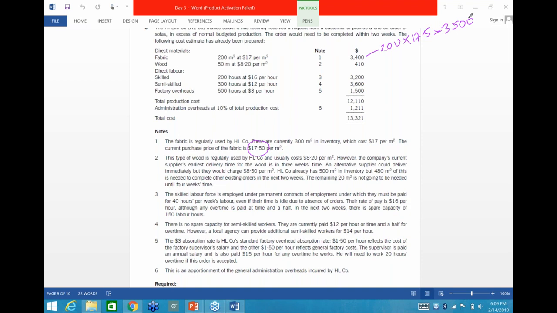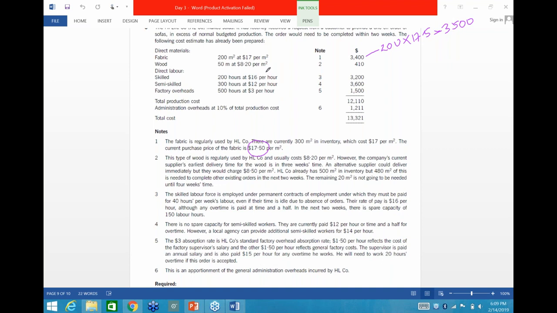Wood. What about wood? We need 50 meters at 8.2. This type of wood is regularly used by HL and usually costs 8.2 per square meter. However, the company's current supplier's earliest delivery time for the wood is in 3 weeks' time.